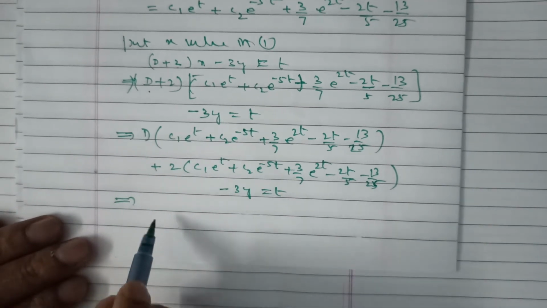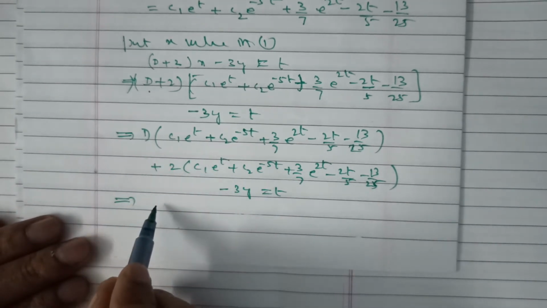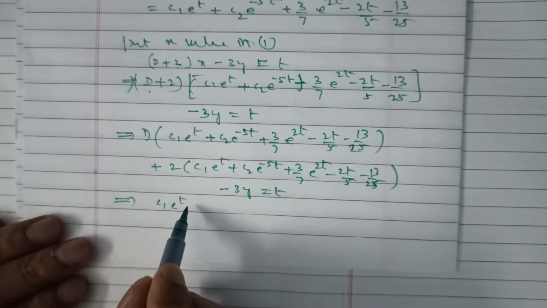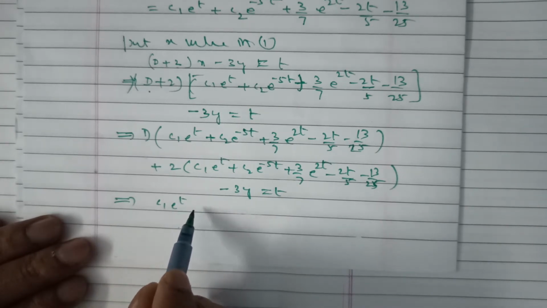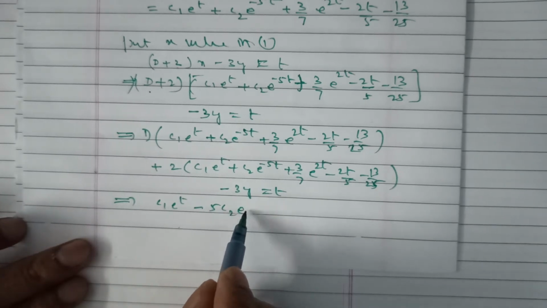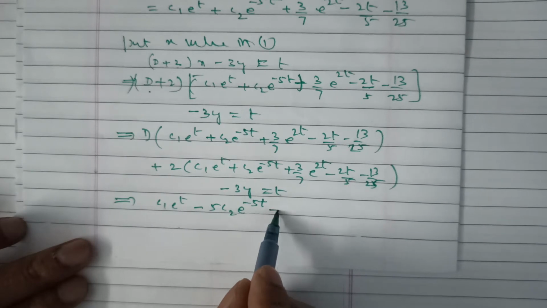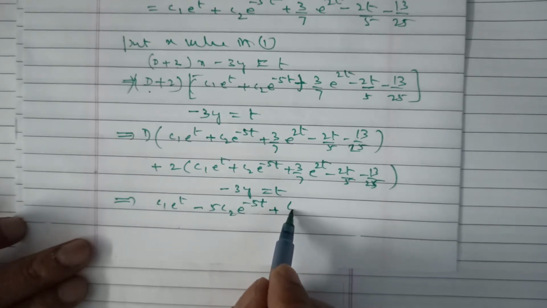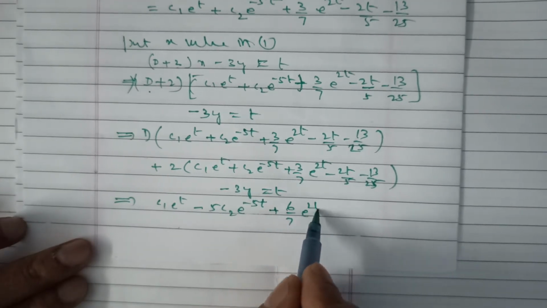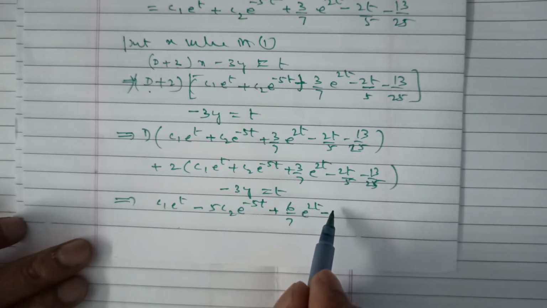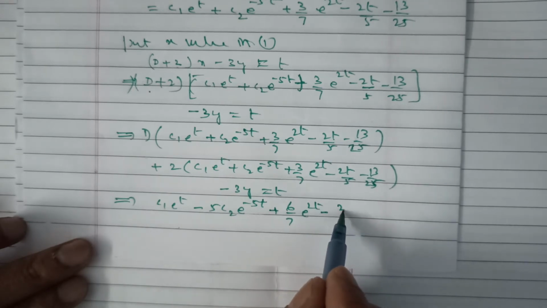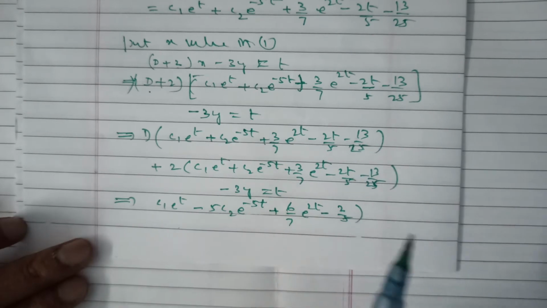differentiation is c1 e^t minus 5 c2 e^(-5t) plus 6/7 e^(2t) minus 2/5. The remaining constant will be 0.